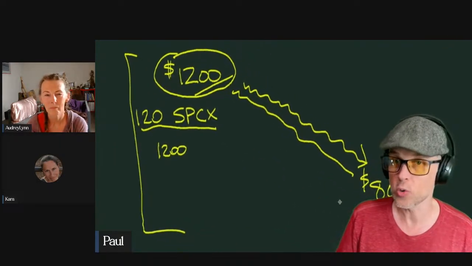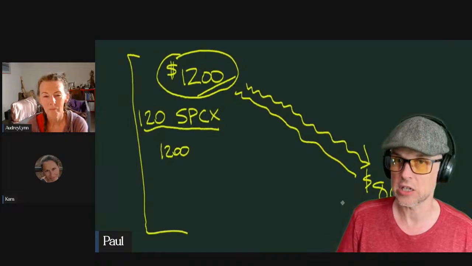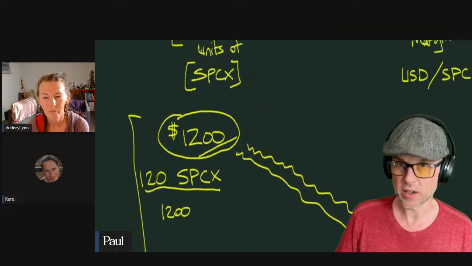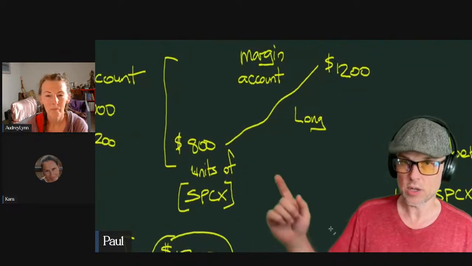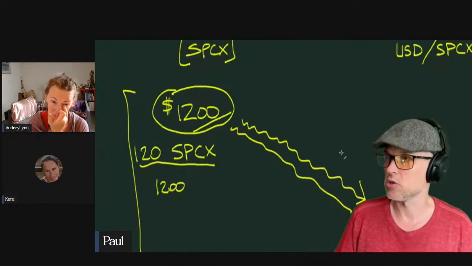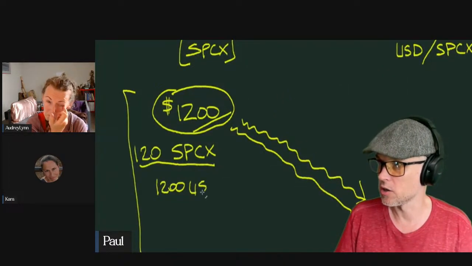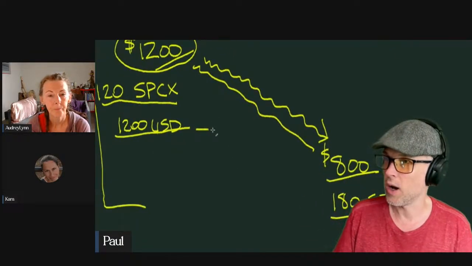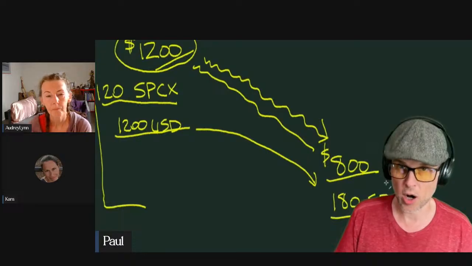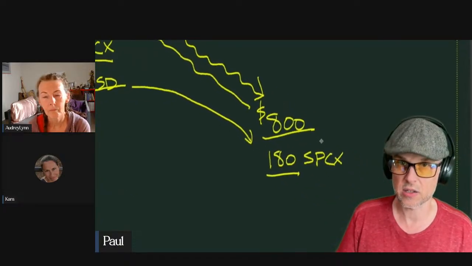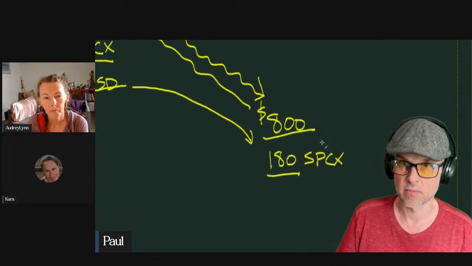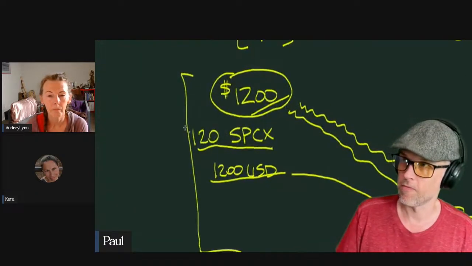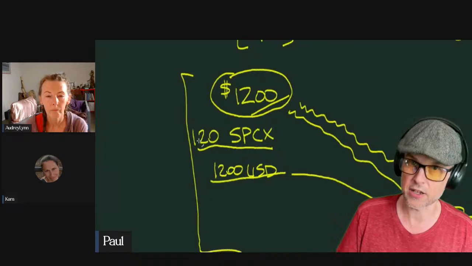And what you're doing, technically, is swapping the units of dollars, right? So you have US dollars here, and you are swapping it. So now in your margin account, you have SpaceX, but you got 180 SpaceX for 120 of the past price.